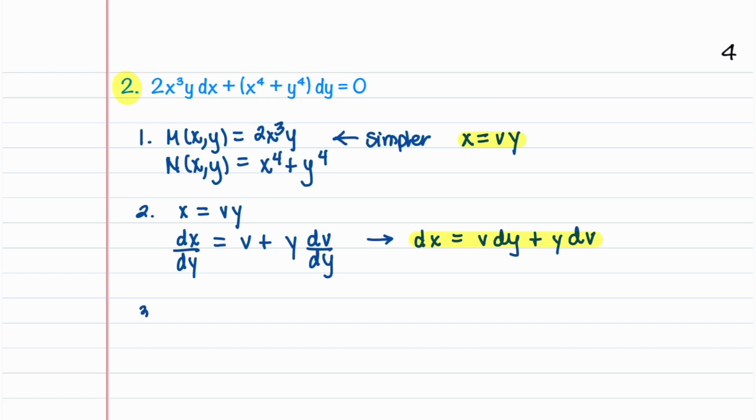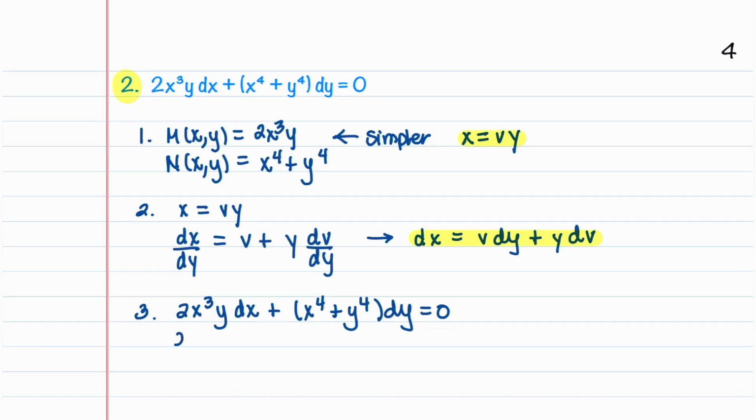In step 3, we're going to take both of those highlighted expressions and we're going to put them back into our differential equation. Let's write our differential equation down. 2x cubed y dx plus (x to the fourth plus y to the fourth) dy is equal to 0. We're going to substitute in for x and dx.